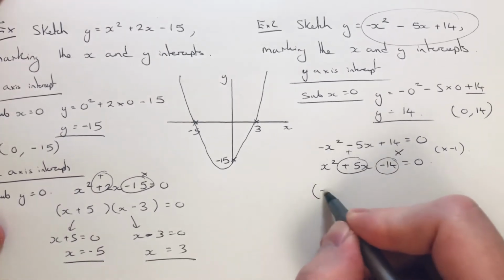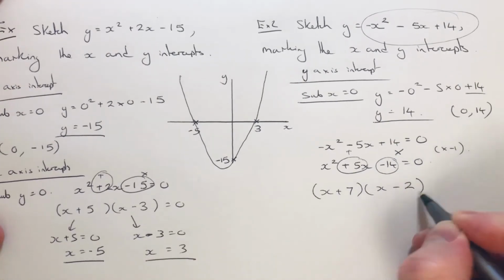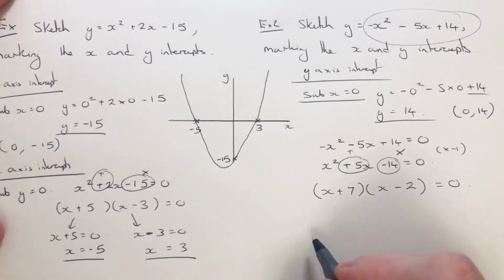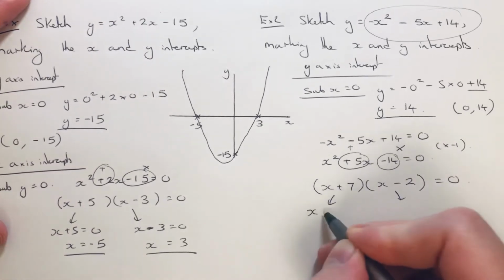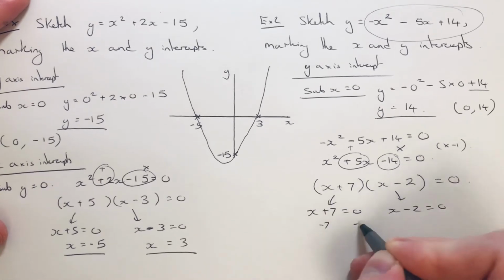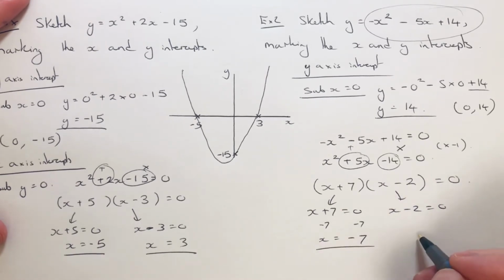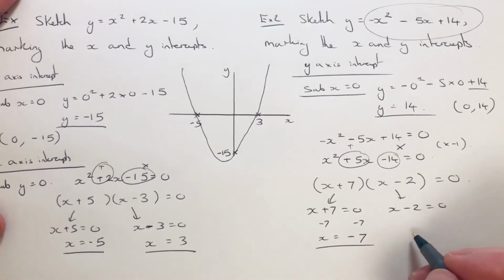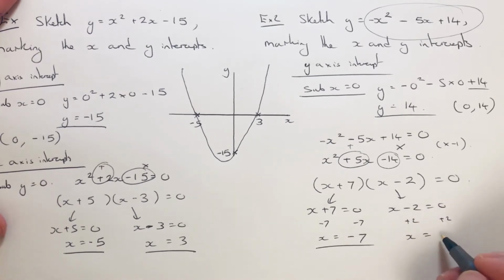So the two numbers would be plus 7 and minus 2. So if we get our two solutions by making these two brackets equal to 0, so it crosses the x-axis at minus 7 and it also crosses at plus 2.